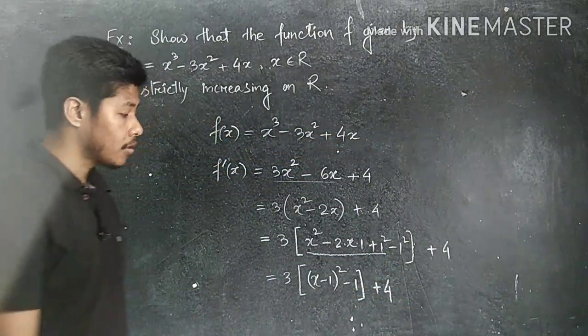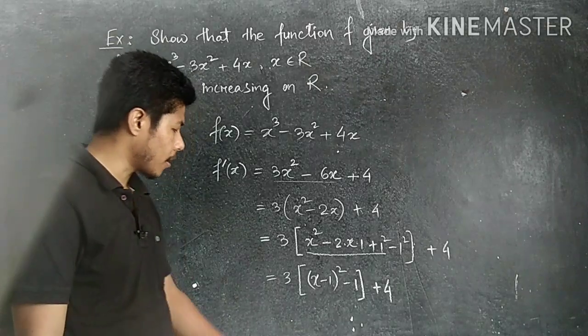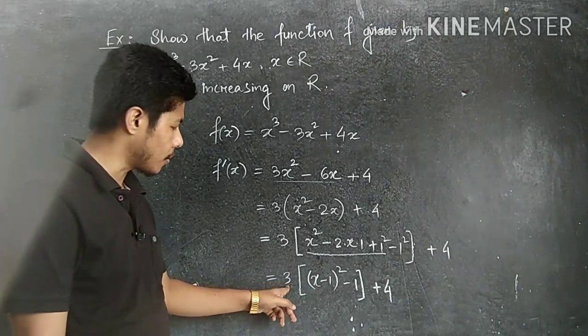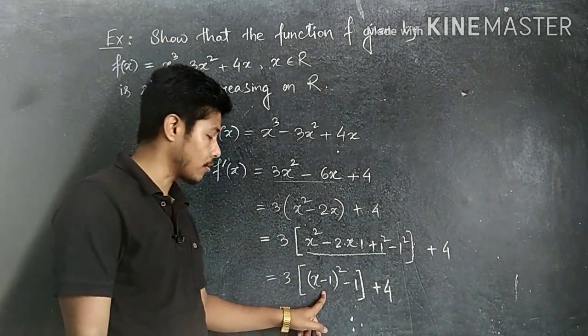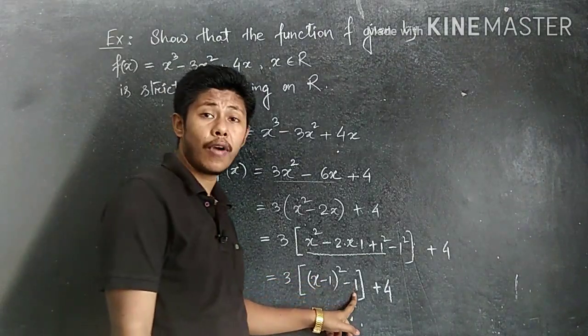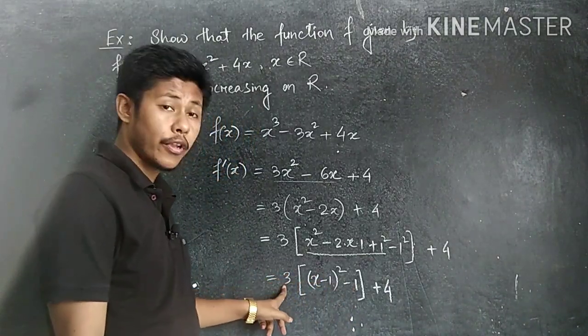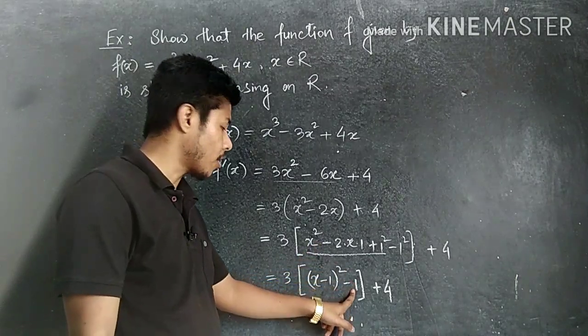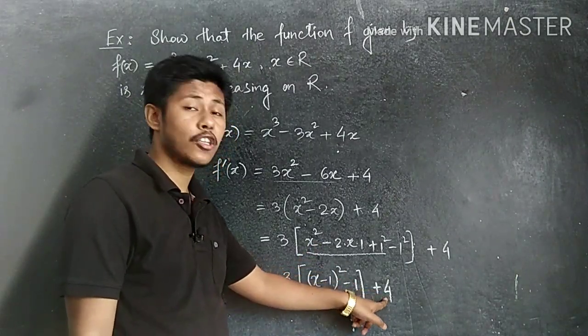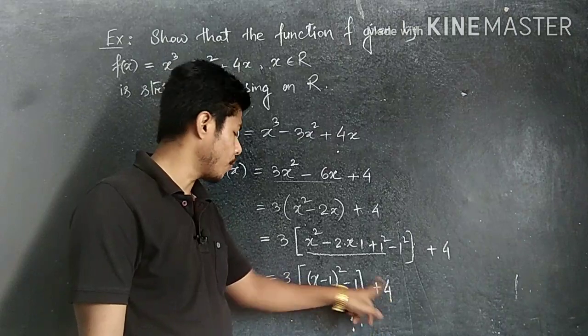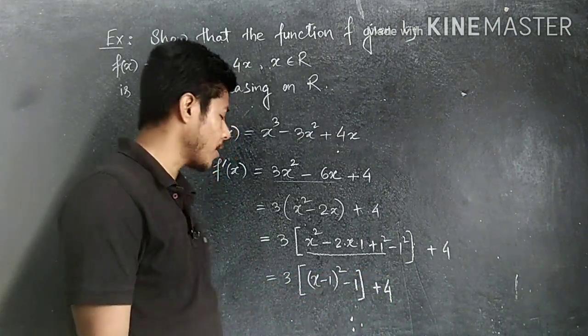Is it clear? So now after calculating this one, if you rearrange, you see 3 we have to multiply with this result, as well as this 3 we have to multiply with 1 also. So here 3 into 1 is 3, minus 3, and here it is plus 4. 4 minus 3, that means ultimately what will remain? 1.